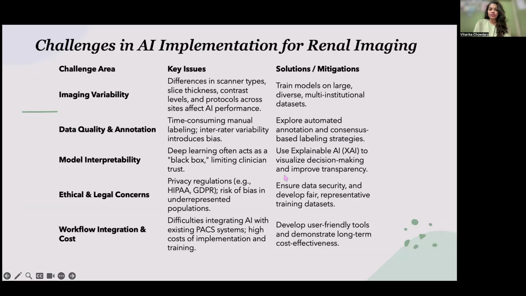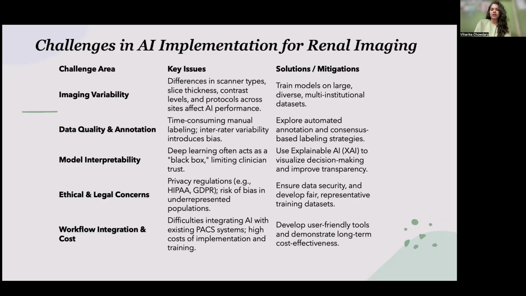And there are many challenges that AI implementation is facing in renal imaging. Imaging variability, for example, if there is any slice thickness variation or any contrast levels or any sites that it cannot pick up.